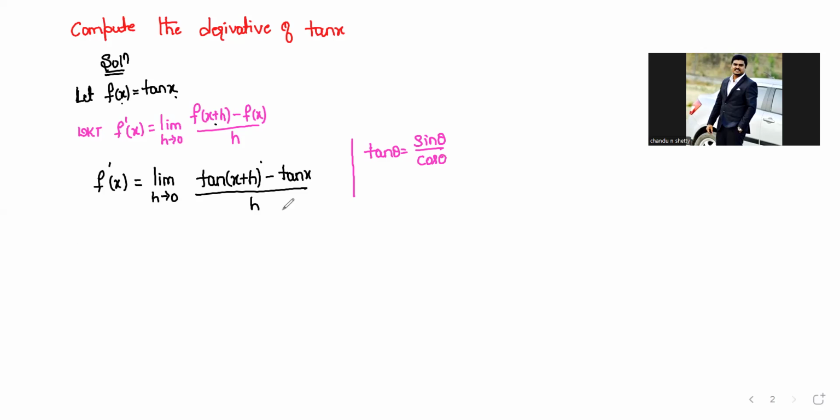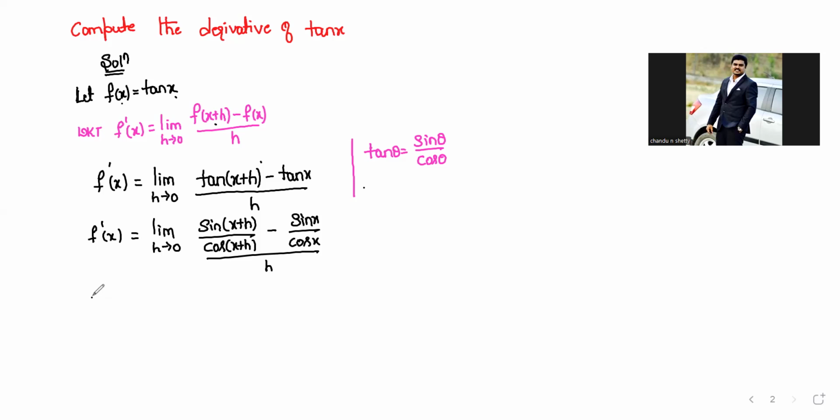Now you should observe f dash of x equal to limit h tending to 0 of sin of x plus h by cos of x plus h minus sin x by cos x, all by h. Got it, all of you?